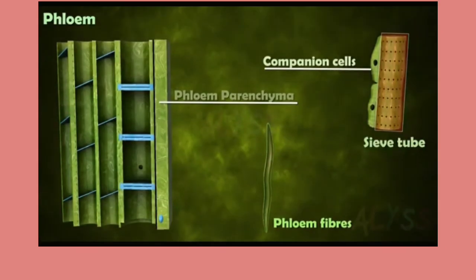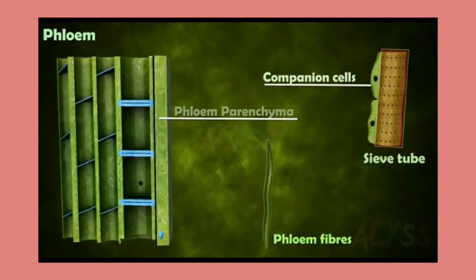Phloem. It consists of cytoplasm-containing living cells: sieve tubes, companion cells, and phloem parenchyma. These are living cells. Phloem fibers are dead cells.